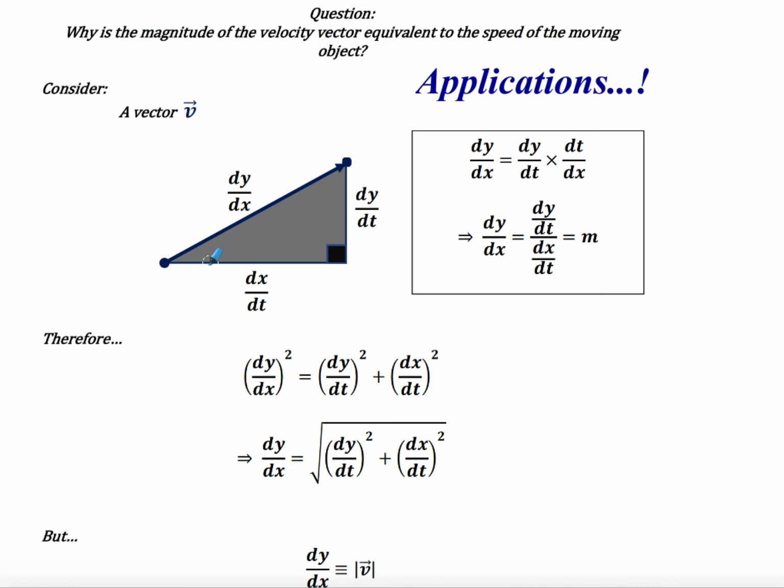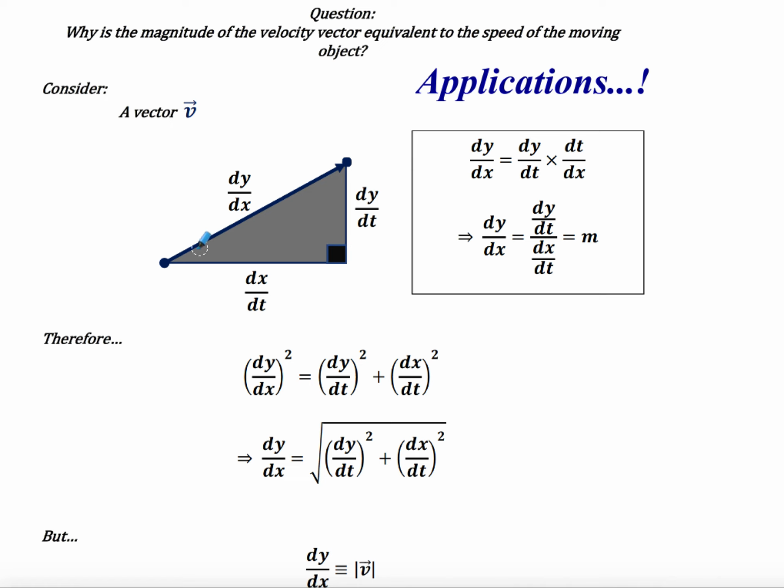If you think about it in triangular terms, you're experiencing some change in x with respect to time, and also some change in y that's taking place with respect to time. This would look familiar. This is the chain rule, so dy dx has been chained across dt.